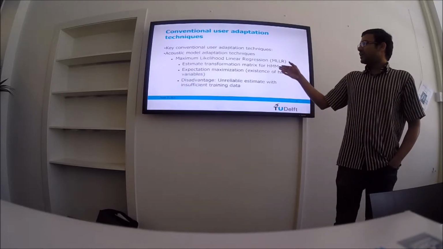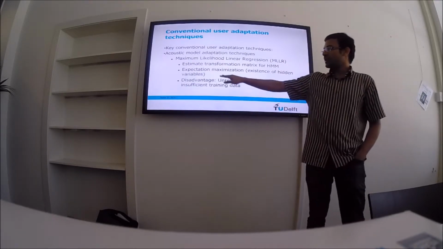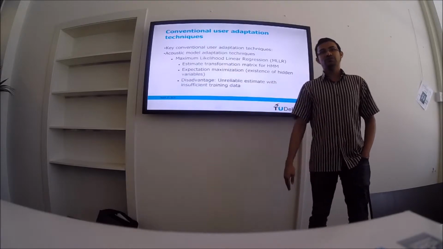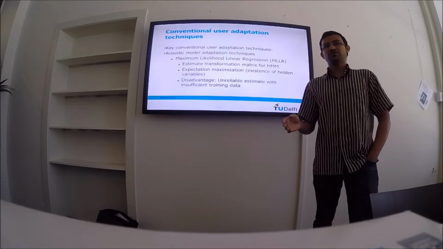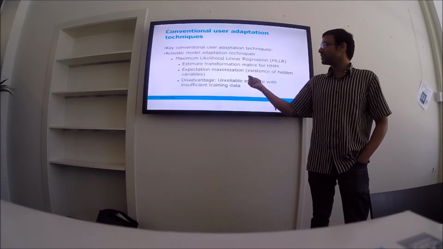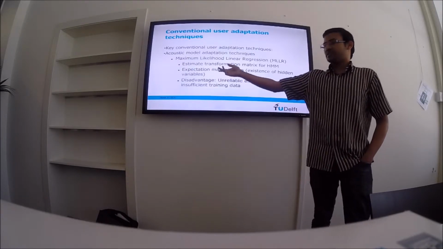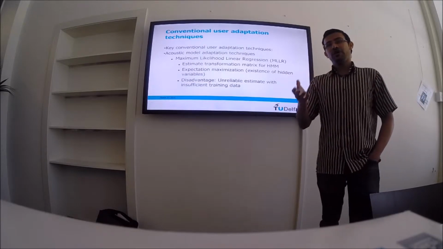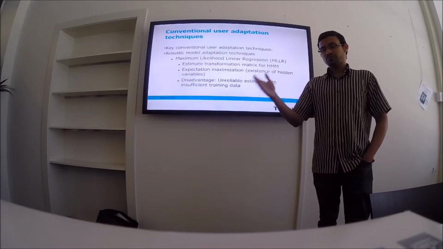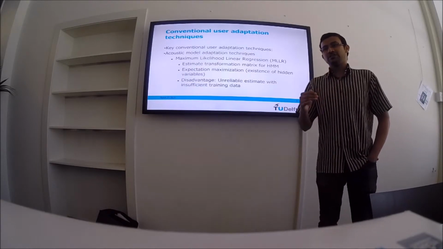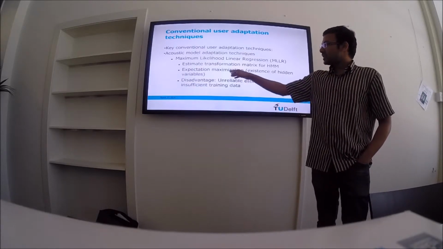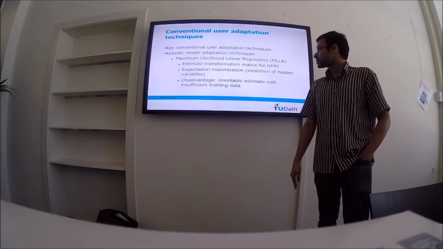In maximum likelihood linear regression, we use the expectation maximization algorithm. If you have done the pattern recognition courses, you might know this algorithm. In the first step, expectation, we take the observable variables and convert them into posterior probabilities, which are maximized in the next step, the maximization process.